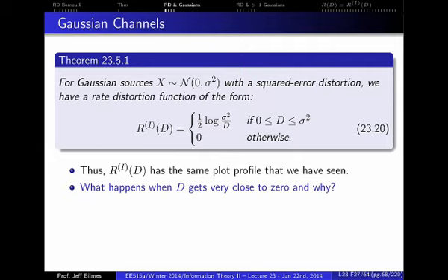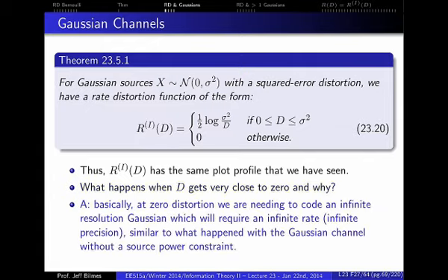It's exactly analogous to compressing the information that can actually be represented in a Gaussian without a power constraint. We may need to, for example, store an infinite precision integer because we're saying there's no distortion. So at 0 distortion, we need to code an infinite resolution Gaussian, which would require an infinite rate.